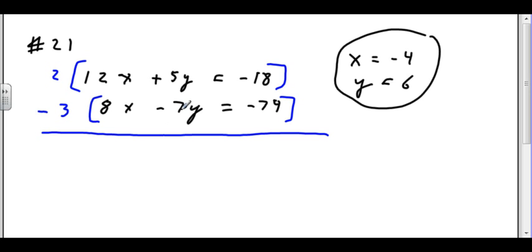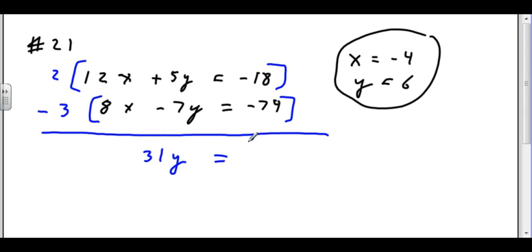I've got 21 plus 10 would be 31y is equal to, and I'd probably take my calculator out, rather than trying to do this in my head.